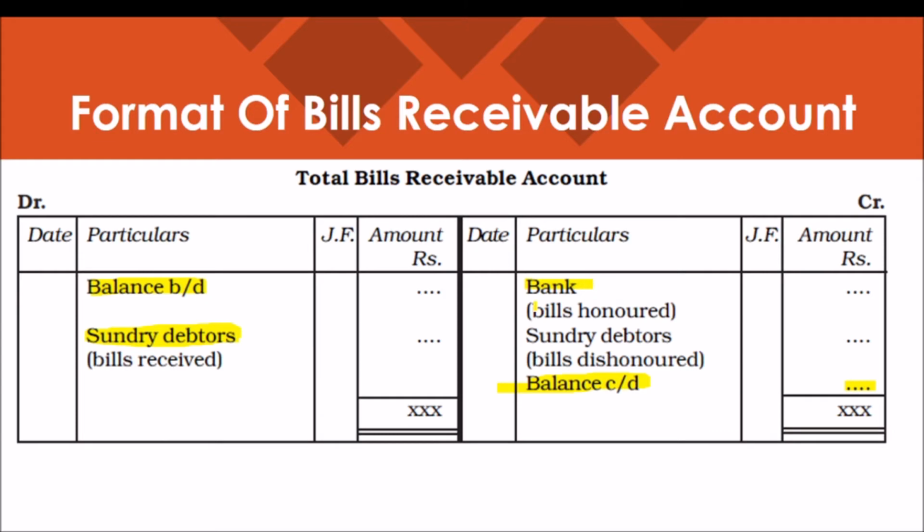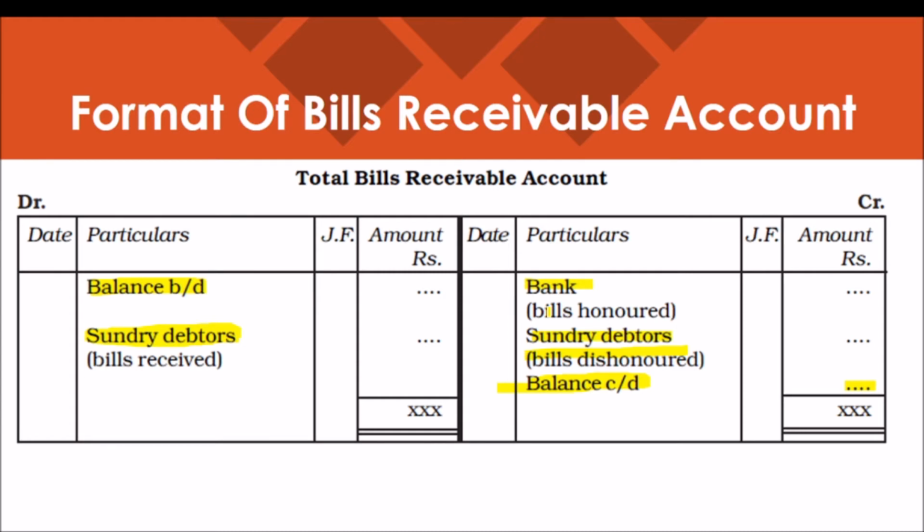If the bill is honored, it will be written as bank. And if the bill is dishonored, it will be written as debtors. If the bill is honored, that means we are getting cash in our bank. And if it is dishonored, sundry debtors, it will be noted.